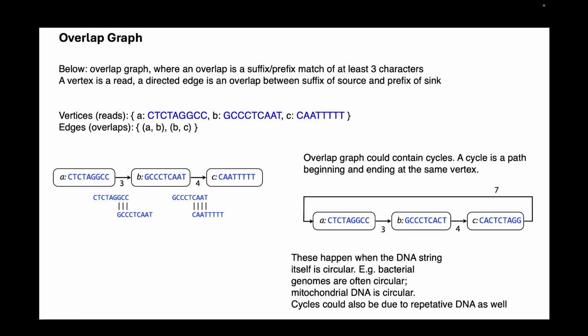Okay. Now, if you want to find overlaps between reads and build an overlap graph, the overlap is basically a prefix or a suffix match of at least, for example in this case, three characters. It can be more or less depending on what you're trying to do. A vertex is a read, and a directed edge is an overlap between the suffix of the source and the prefix of the sink.